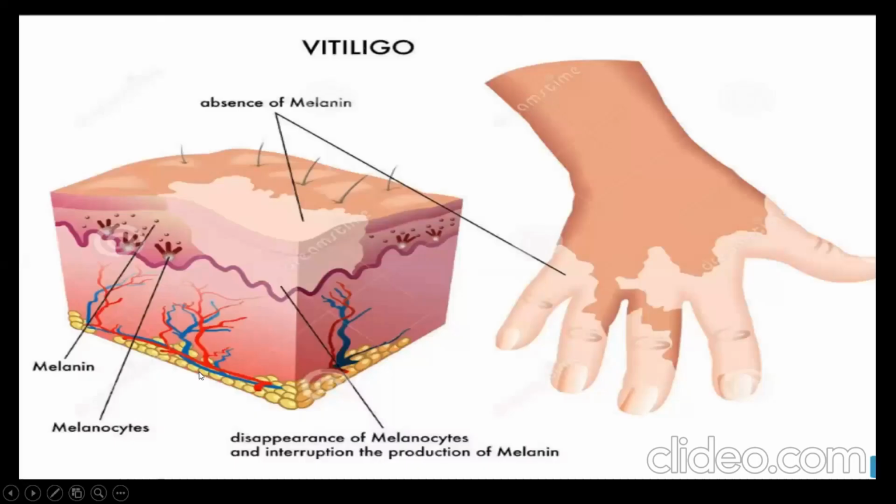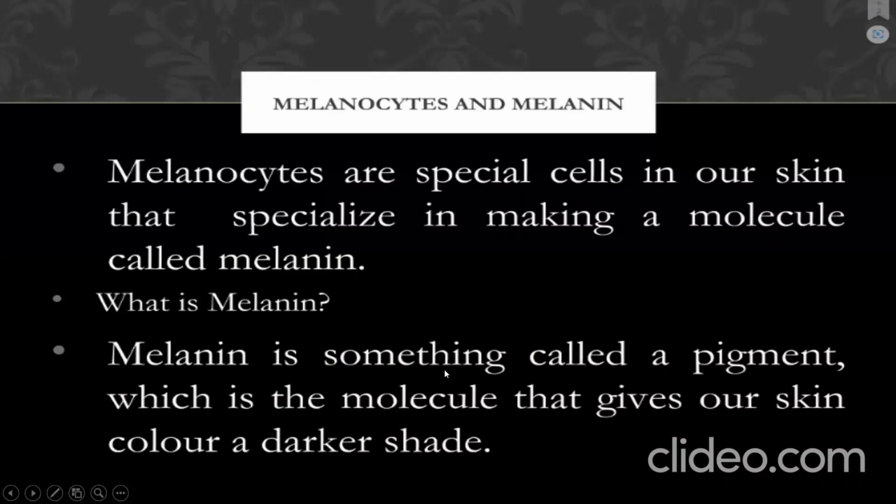You can see the image of vitiligo histopathology: the absence of melanin at the site of white patches. We have seen what melanocytes and melanin are. Melanocytes are special cells in our skin that specialize in making a molecule called melanin.